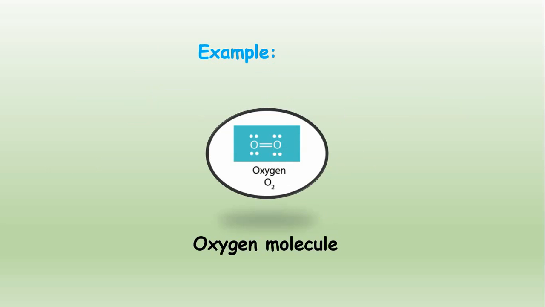Look at the example. Example is oxygen molecule O2. There are 6 electrons in the outermost shell of one oxygen: 1 2 3 4 5 6. And 6 electrons in the other oxygen atom also: 1 2 3 4 5 6. So they will share in this way.